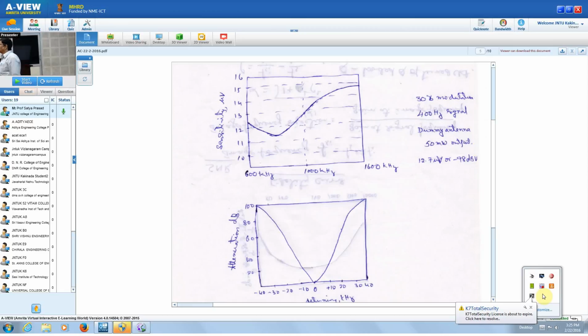The frequency, you require more power to get this.